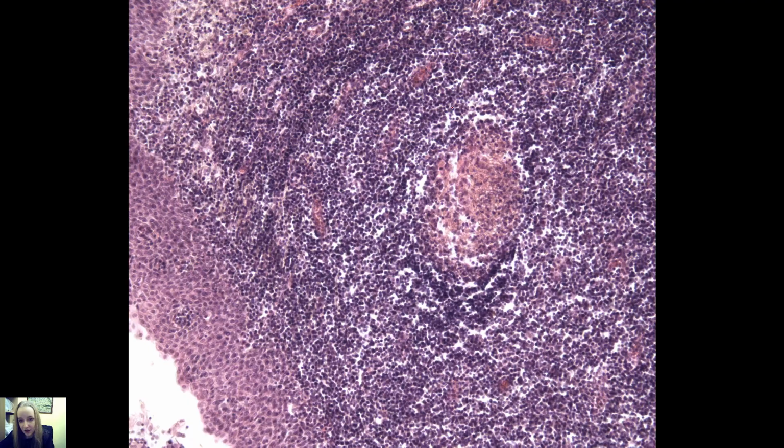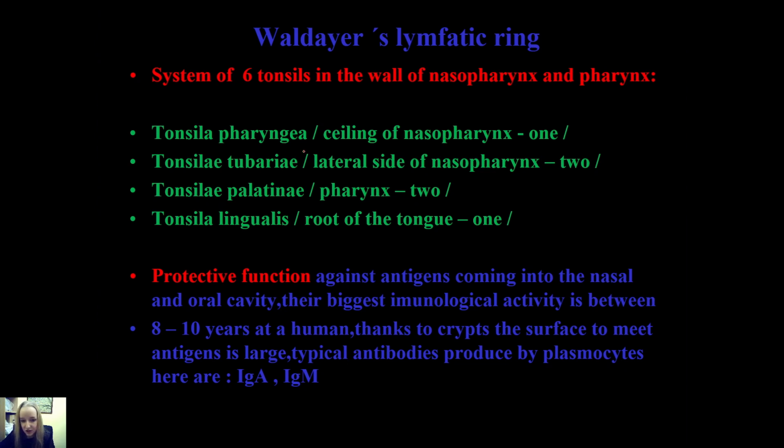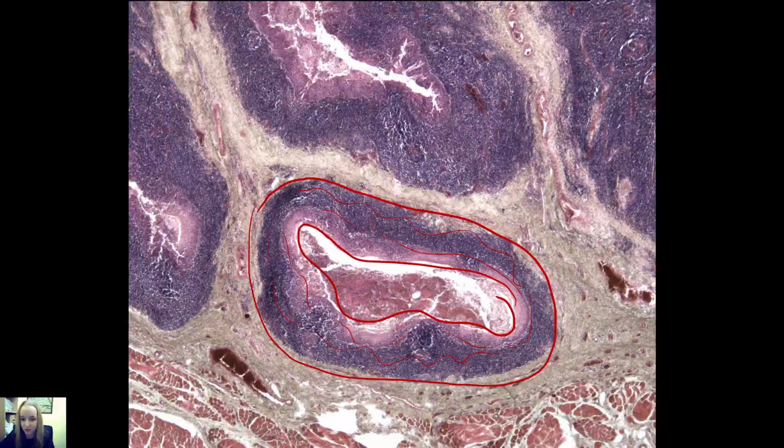When I go back to the pharyngeal tonsil over here, the pharyngeal tonsil is covered with pseudostratified ciliated epithelium, the same as in the airways. The same is true for the tubal tonsil over here. So these two have a different epithelium than these two. But on our slides, we have the palatine tonsil and the lingual tonsil, and they are both covered with stratified squamous epithelium.